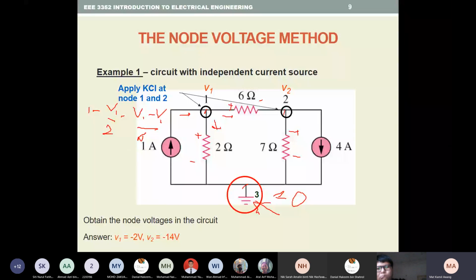That is the first equation for this. Second one, what is the equation of this? So you have going in here, you have going out here, and you have going out here. So what is the equation?